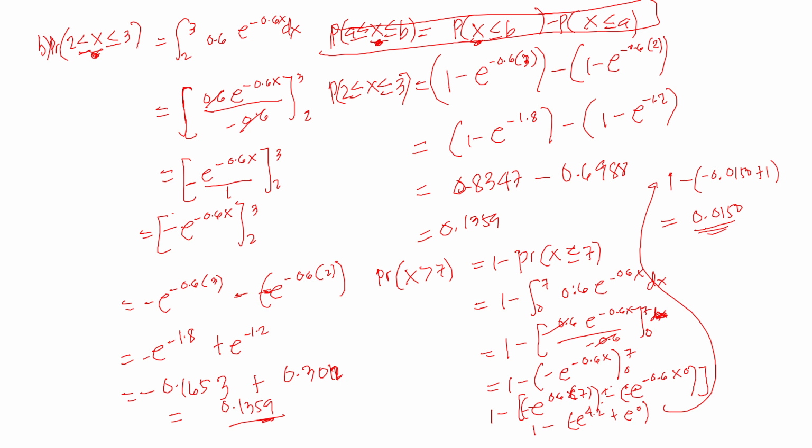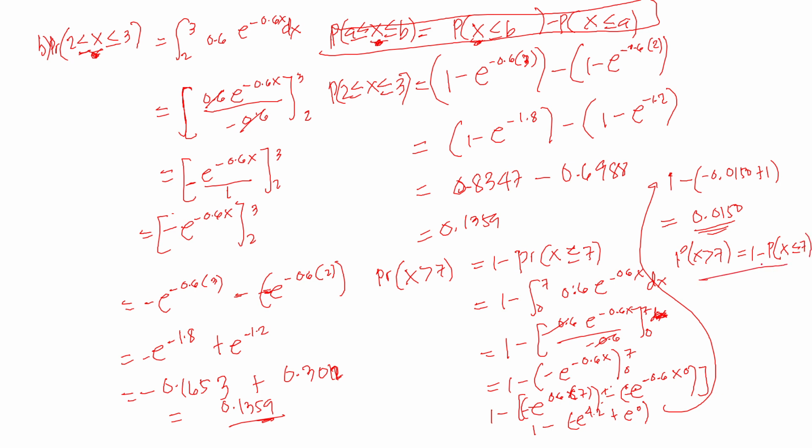Or we could have this one as, when P is greater than, we could solve using P of x is greater than 7 is equal to 1 minus P of x is lesser than or equal to 7. That's it here.